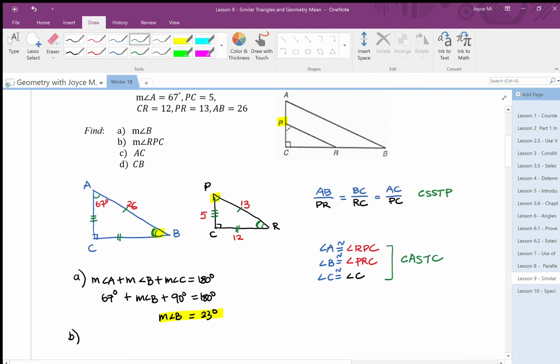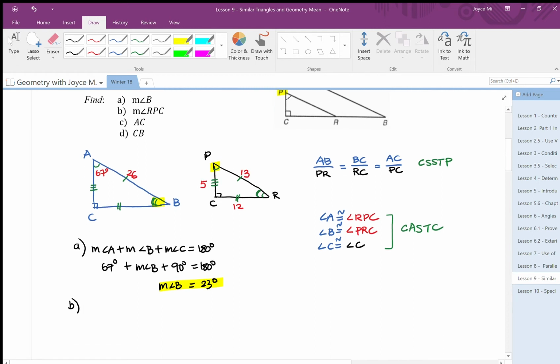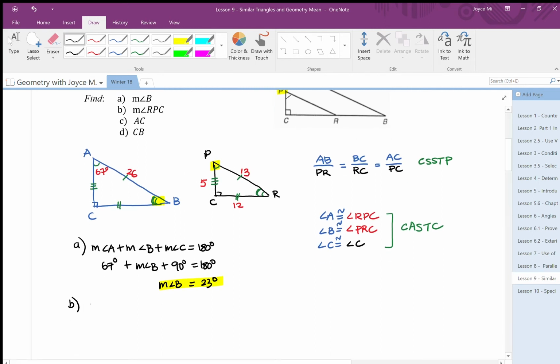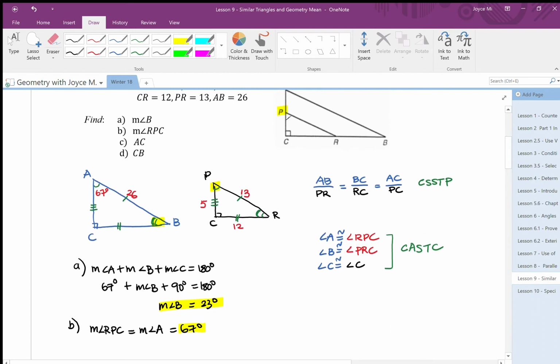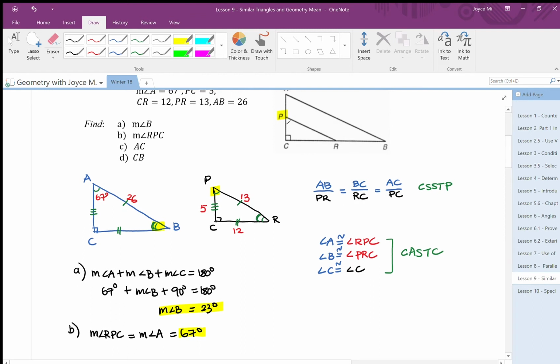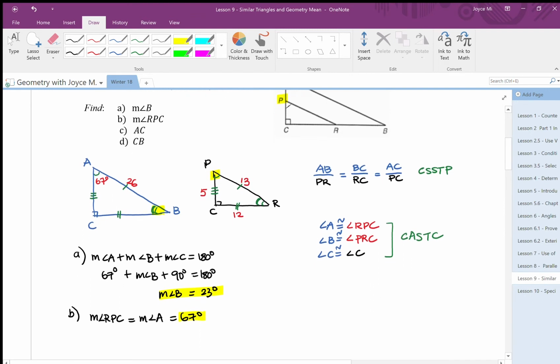This one corresponds to angle A, so it should have the same measurement as angle A. So the measurement of angle RPC is the same as the measurement of angle A, which is 67 degrees. We found that using corresponding angles are congruent, so we're not going to use corresponding sides are proportional to solve this part.